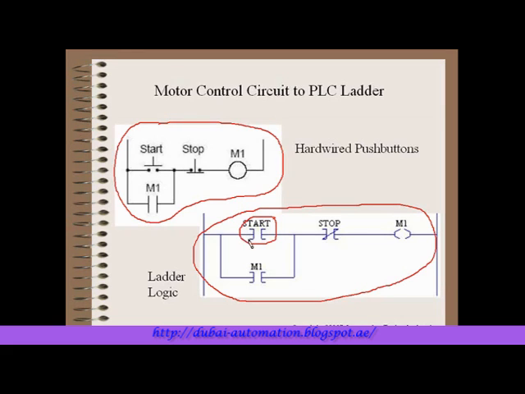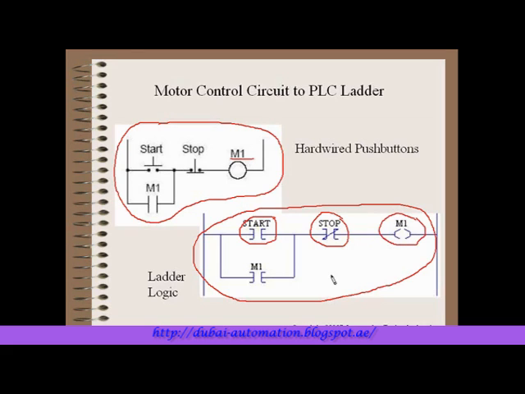But this start contact correlates to the location where this push button comes into the PLC, and the stop contact also correlates to the position where this stop push button is wired into the PLC. With the output, the coils look pretty similar actually, but the coil correlates to an output that's going to drive this relay from the PLC.